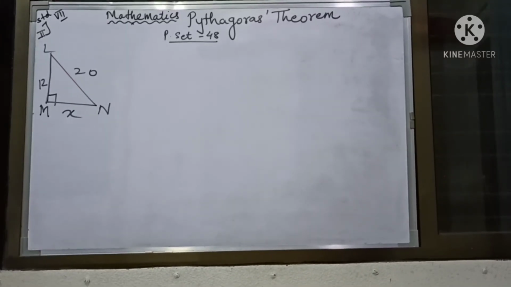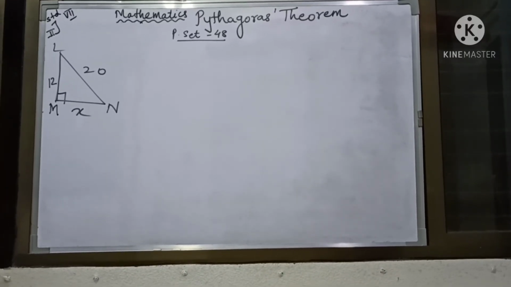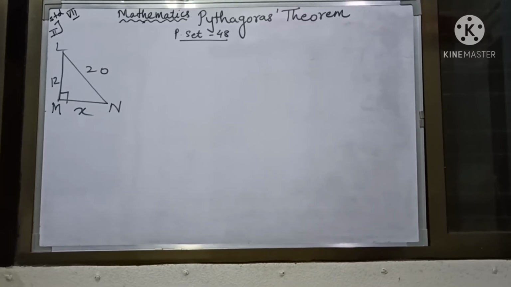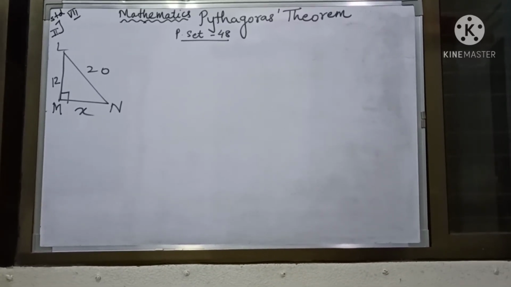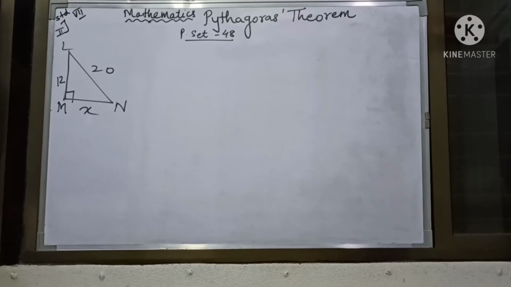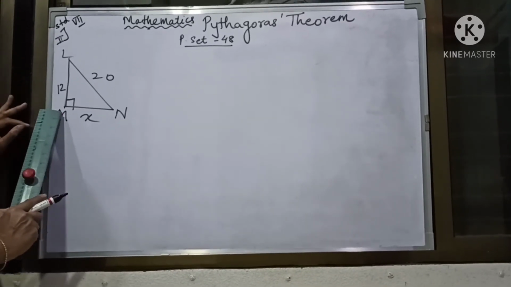The third sum. In the right angle triangle LMN, angle M is 90 degrees. Length LM is 12 centimeter. Length LN is 20 centimeter. Find the length of segment MN. Now here in this figure, angle M is 90 degrees.